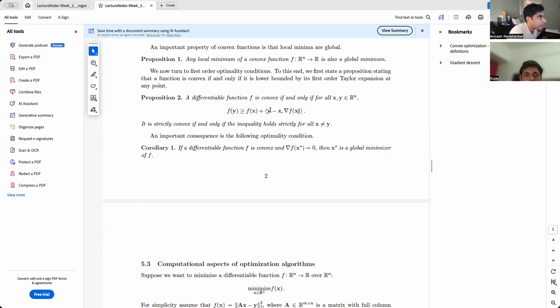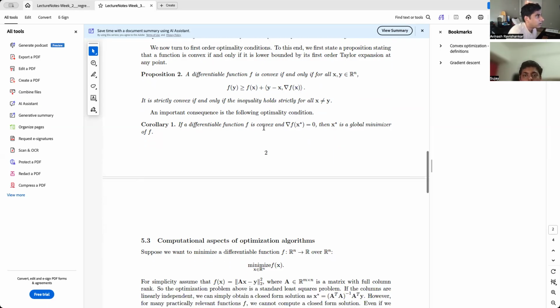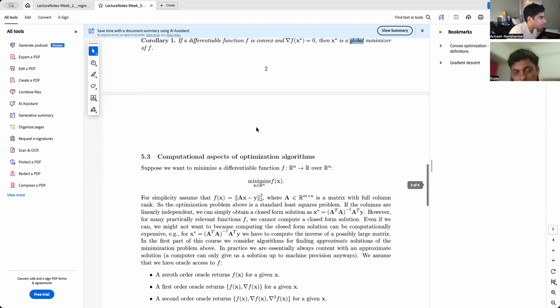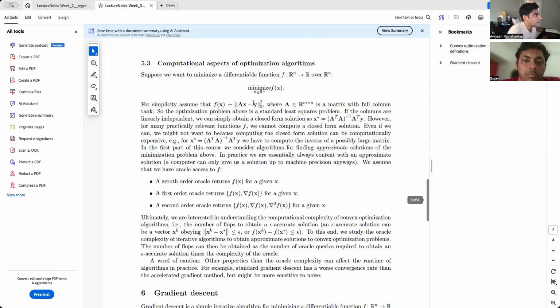It is strictly convex if and only if the inequality holds strictly. An important consequence is the following optimality condition: if a differentiable function is convex and the gradient is zero at x, then x is a global minimizer because we are convex. Okay, good. Computational aspects of optimization algorithms.